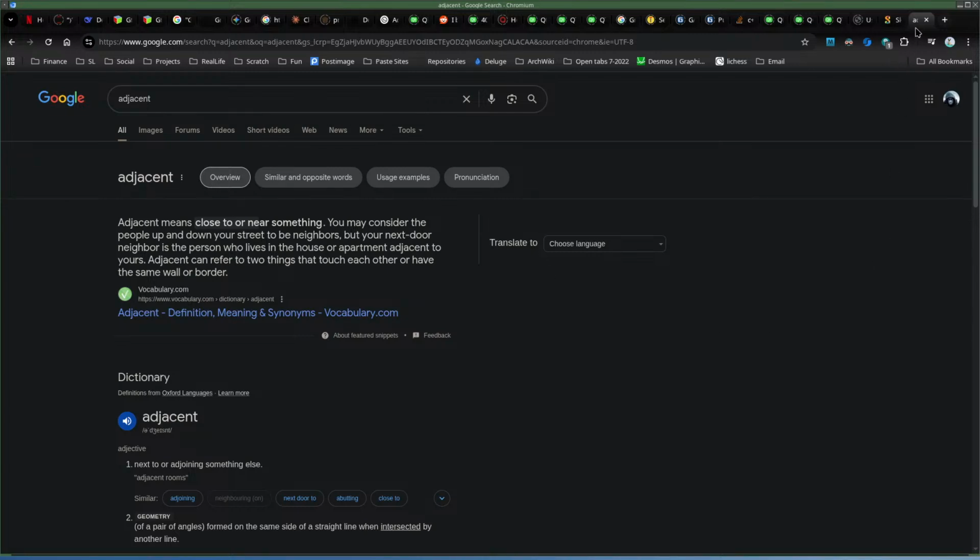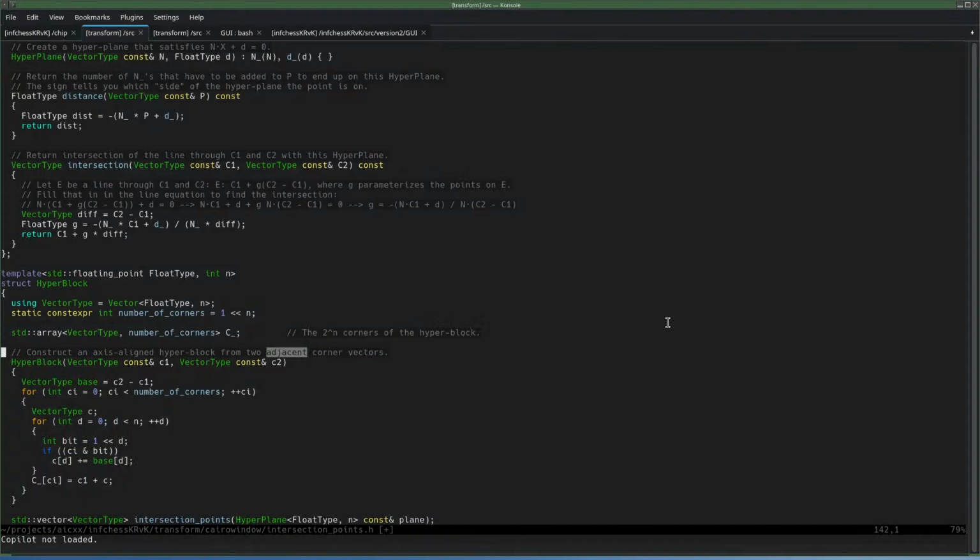Adjacent, yeah. Adjacent corner vectors.